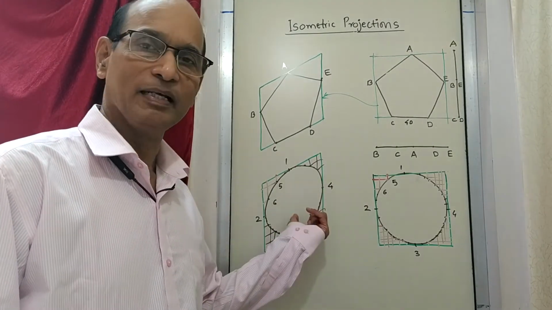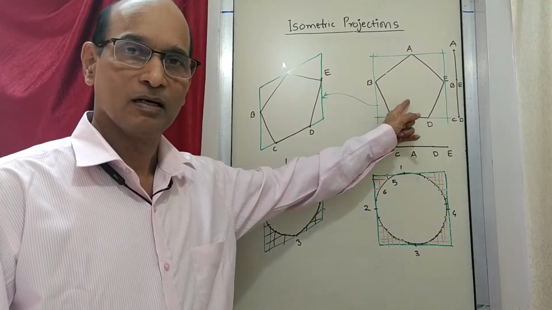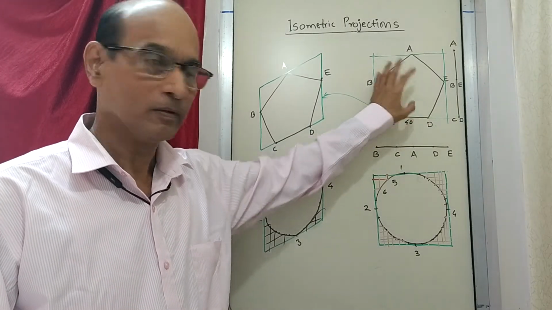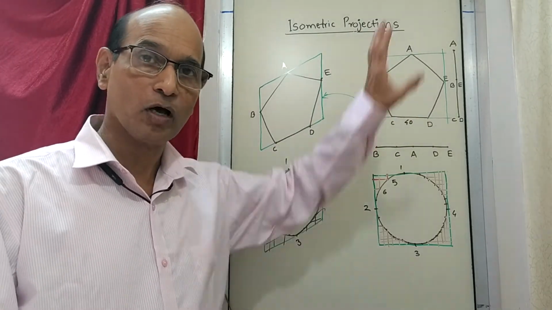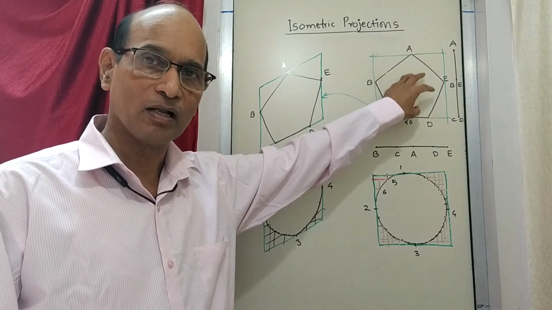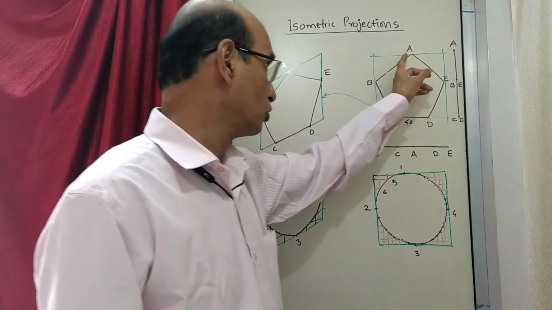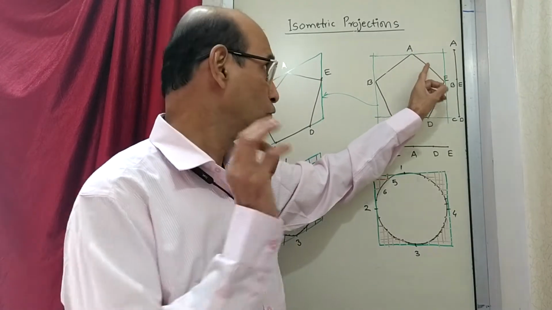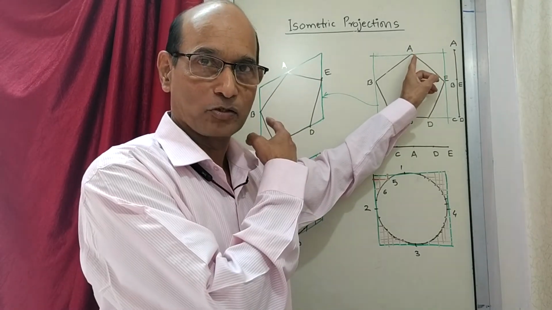And what is done here is exactly the same as what you have already learned while drawing a pentagon in the isometric. How did you learn to draw a pentagon? We started with point A, and we first found out how to put point A here in the isometric.